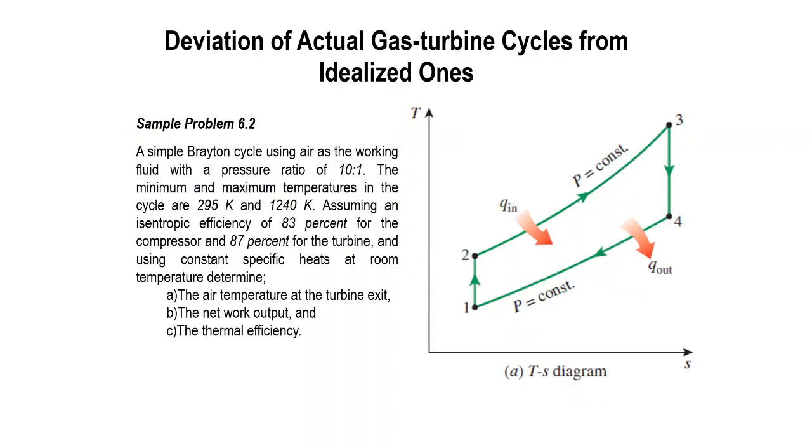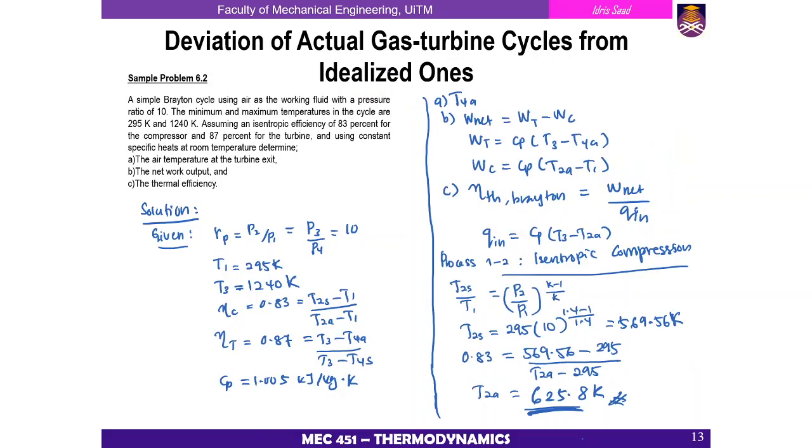Sample problem 6.2. A simple Brayton cycle uses air as the working fluid with a pressure ratio of 10, given directly. The minimum and maximum temperatures in the cycle are 295 Kelvin and 1240 Kelvin.